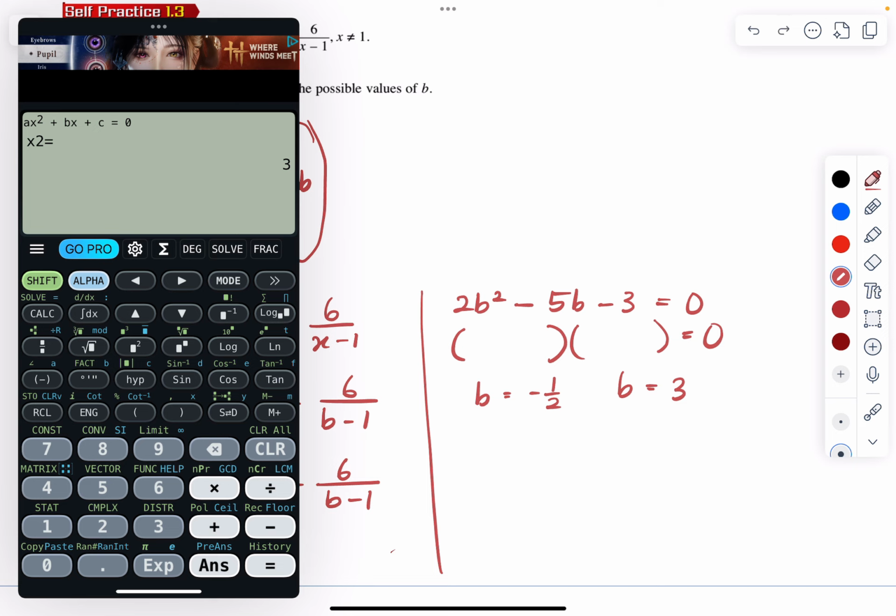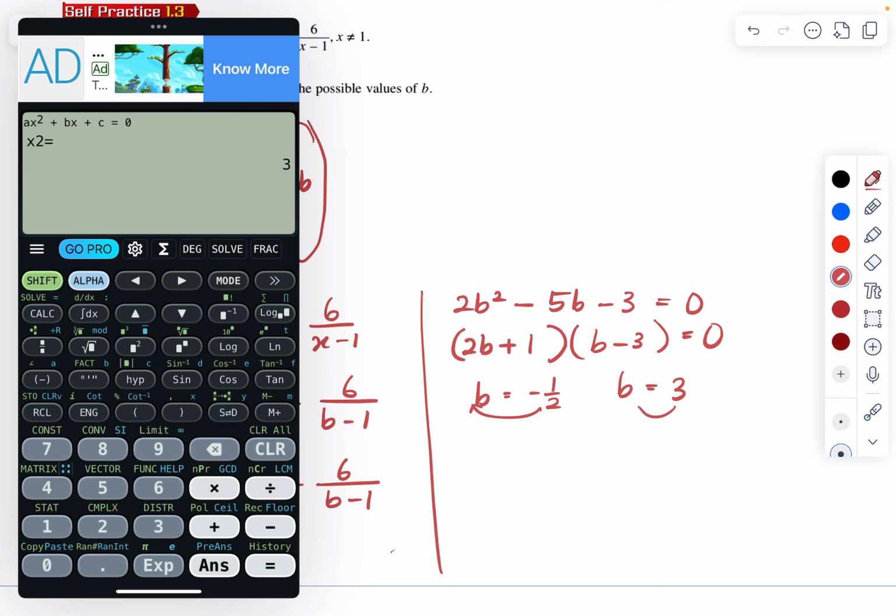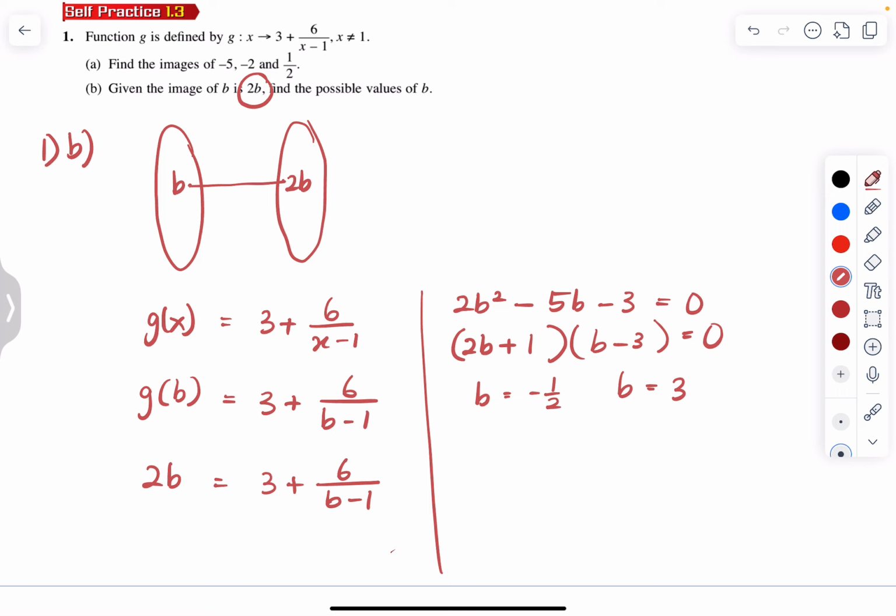When putting this back, it will become 2b plus 1, the -1 will become +1, and this one will become b minus 3. This will be our two possible values of b.